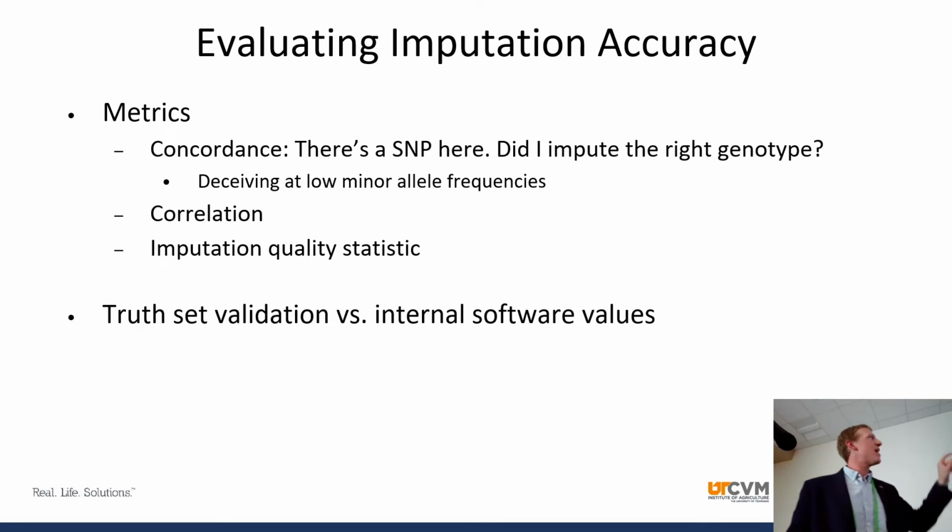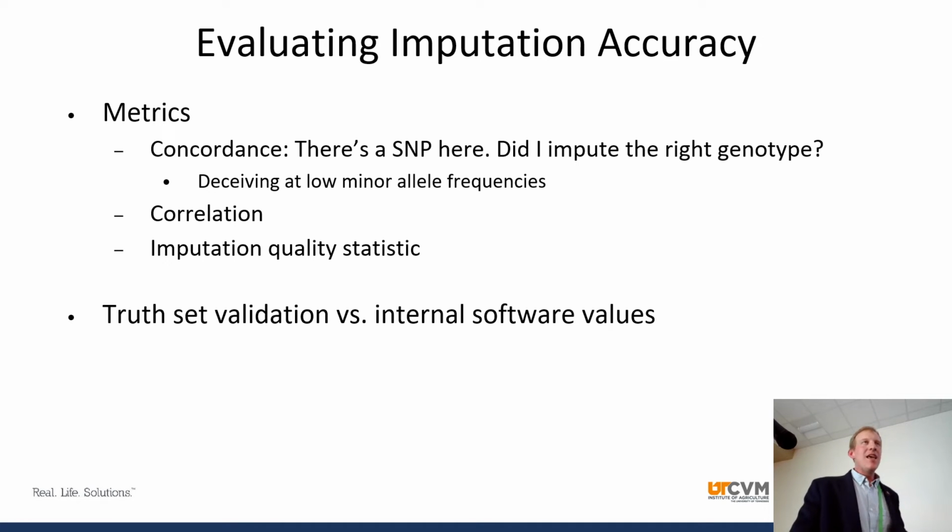The issue that arises is that when we're at really, really low minor allele frequencies, so if we've got a variant that's 0.5% frequent, we're going to impute that 99.5% of the time correctly, just because its allele frequency is really low. So doing something like a correlation, or what I'll present here, imputation quality statistics, takes that random chance of getting something right due to it being very rare out of the equation, right?